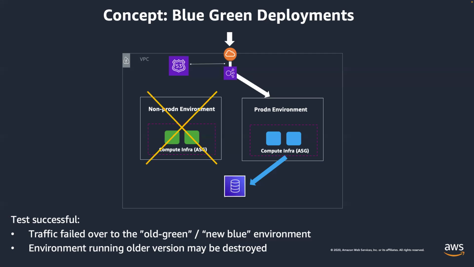But your load balancer is intelligent enough to transfer the traffic to the newly blue environment, so your application is still up and running, but you have already released a new version after proper testing, smoke, UAT, etc.